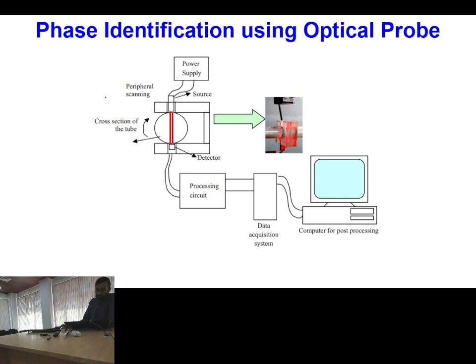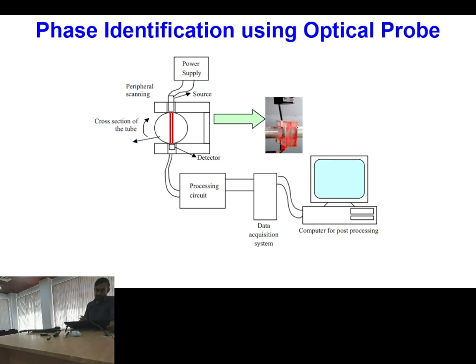One typical optical probe, of non-intrusive type, was used recently, around 2006 and 2007, for identification of flow regimes in different horizontal and vertical pipelines of gas-liquid and liquid-liquid flows.